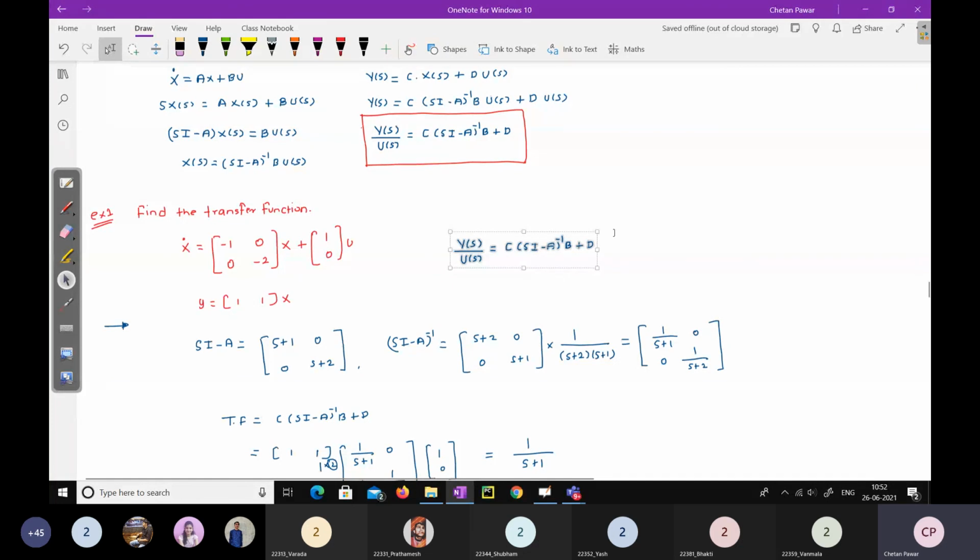As we know, the C matrix we know from the problem only.